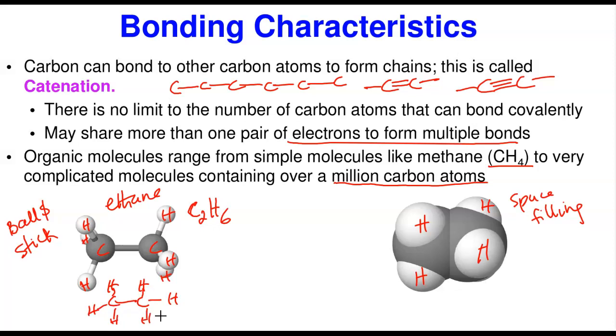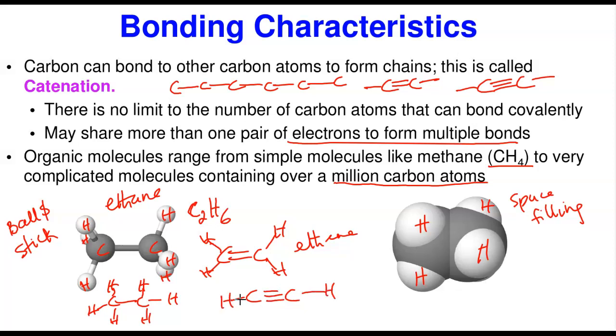Now, like I said, carbon can also form double bonds. An example is ethene gas. In this case, it's forming a double bond. It can also form a triple bond, like in ethyne, which is an alkyne. Now, what do you see?